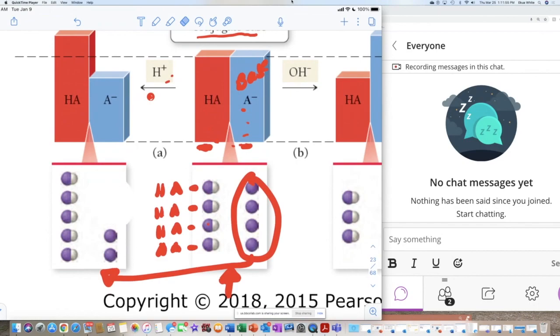So the base got used to neutralize the acid, and in the process, more HA was made. You can see the changes here: more HA was made, and now we have a little less A minus. We have a new equilibrium, but the concentrations of the acid and the base required to make the equilibrium are different from what we started off with.